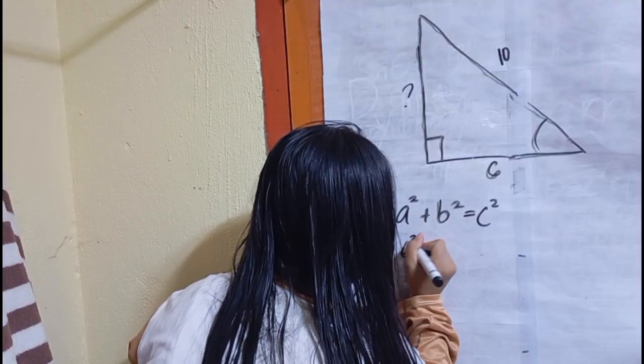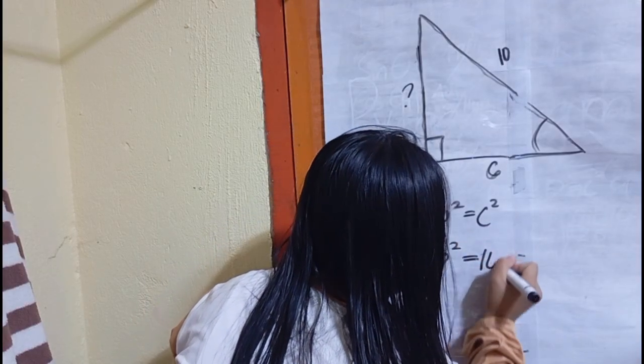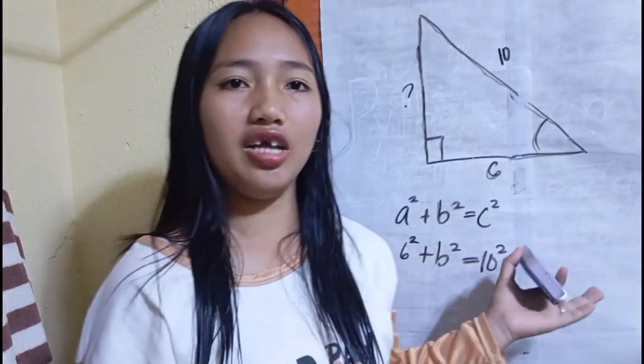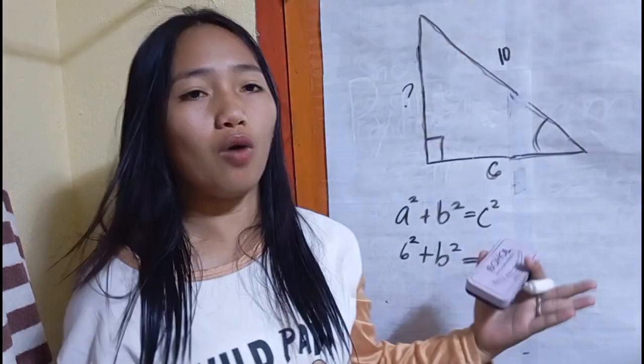So, 6 squared plus b squared is equal to 10 squared. Calculate the squares: 36 plus b squared equals 100.